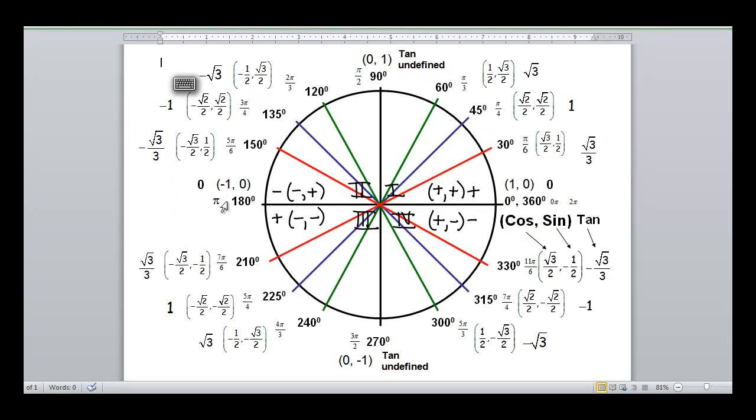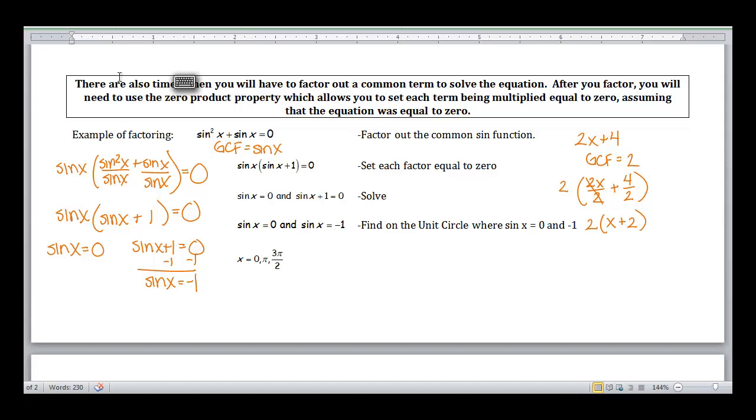I also want to know where sine is a value of negative 1, at 3 pi over 2. All three answers are answers of our equation. So again, from 0, we got x to be both 0 and pi. And from negative 1, we got x to be 3 pi over 2, together giving us that.